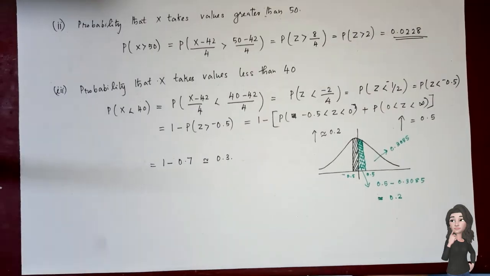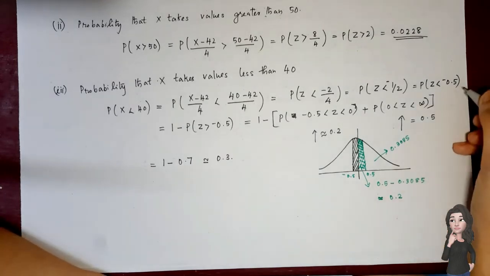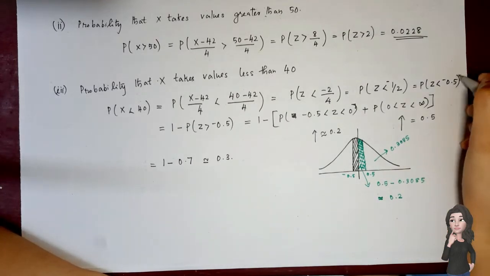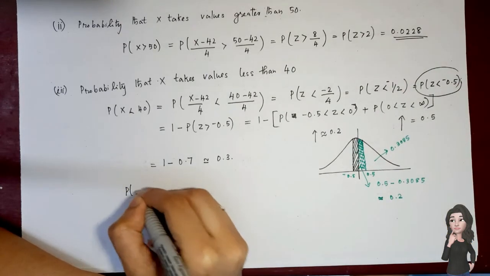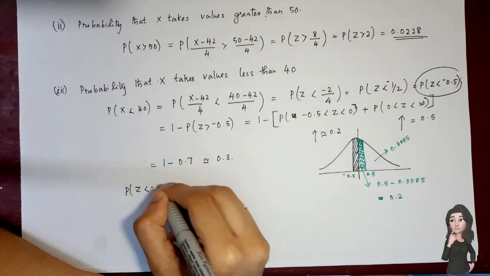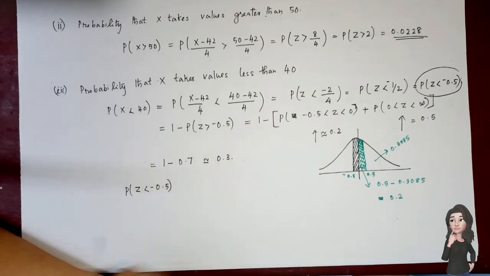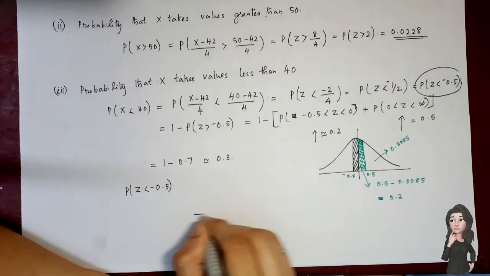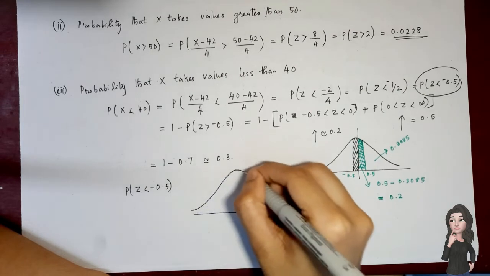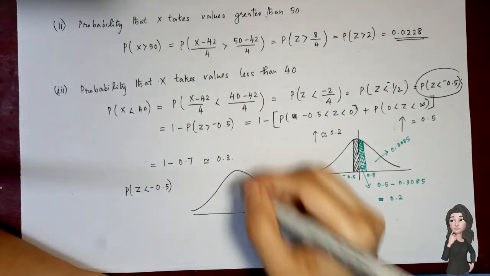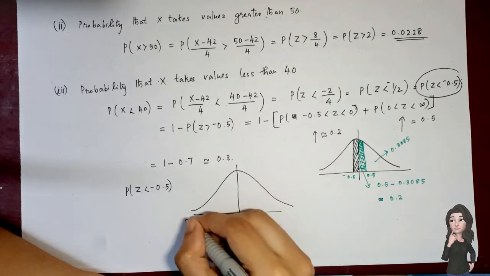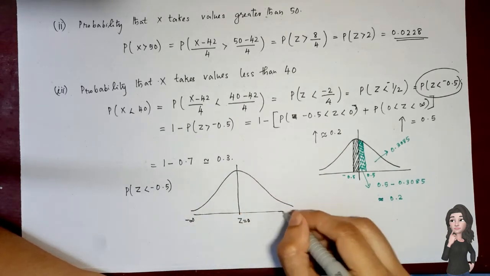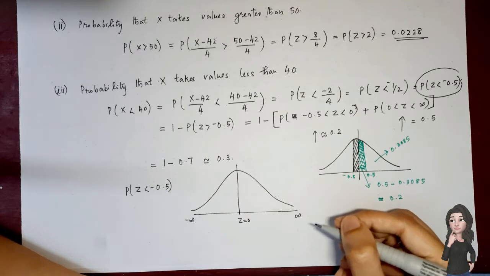So, another simple method to do this is, we know the probability of z less than minus 0.5, and we do have a normal curve, and this is z equal to 0, and this is minus infinity, and this is plus infinity.